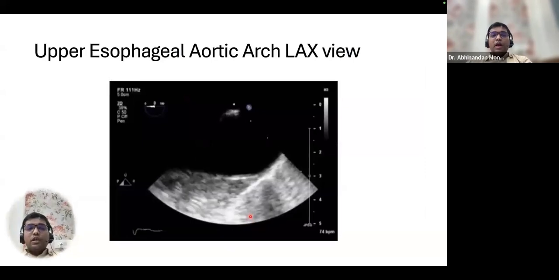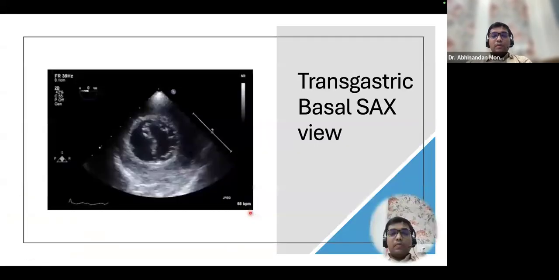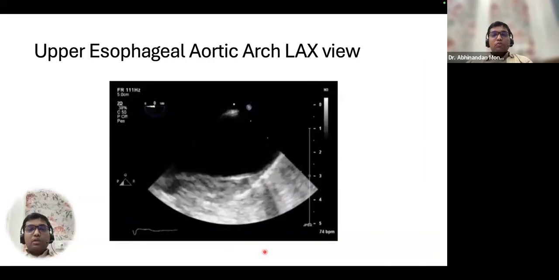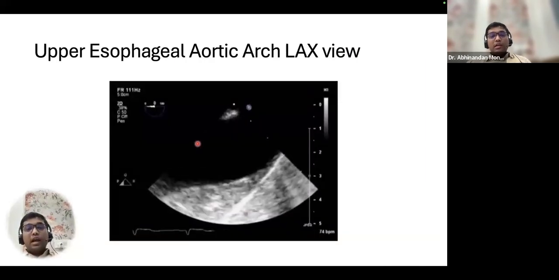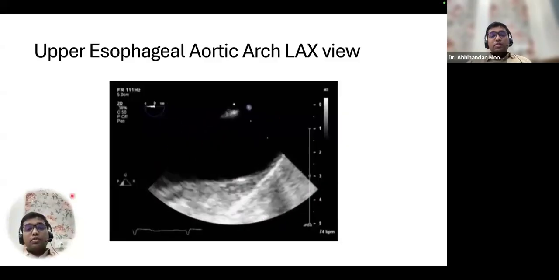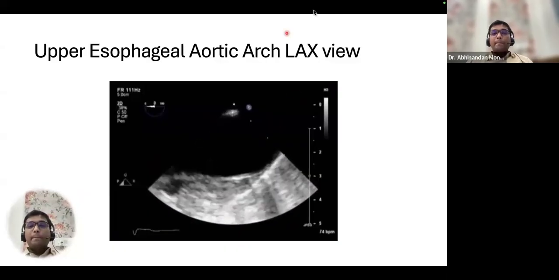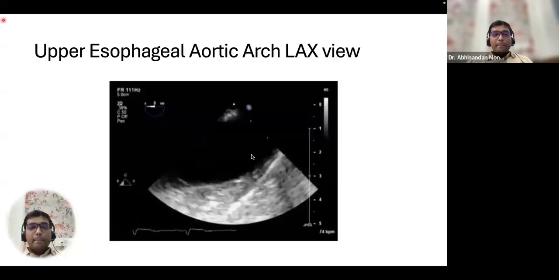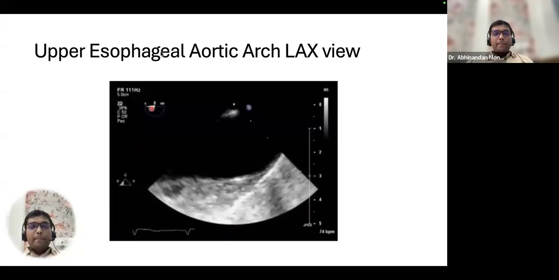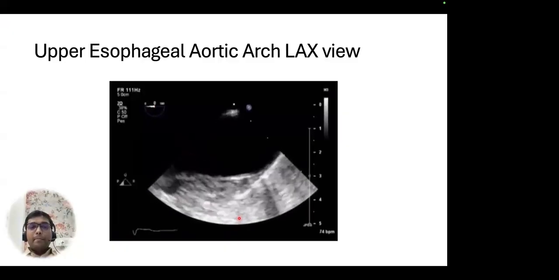This is the upper esophageal aortic arch long axis view that I was discussing. Now, without putting colored Doppler, can you tell me which side is your proximal and which side is your distal? Left side is proximal, right side is distal.